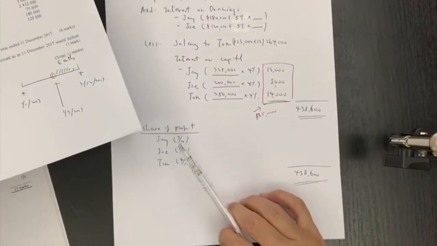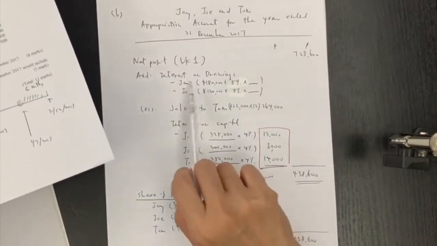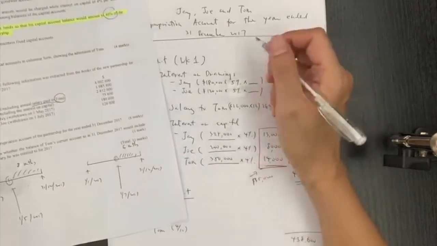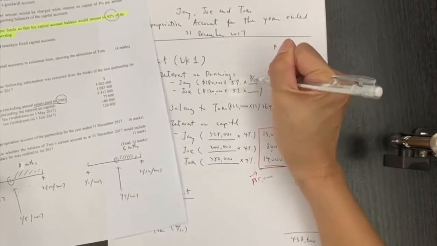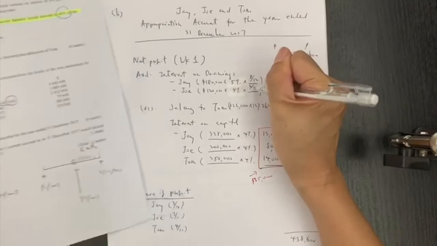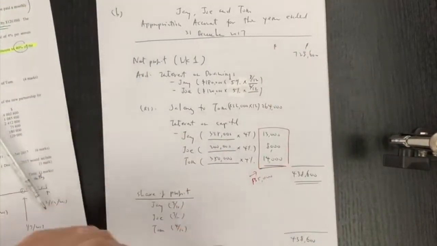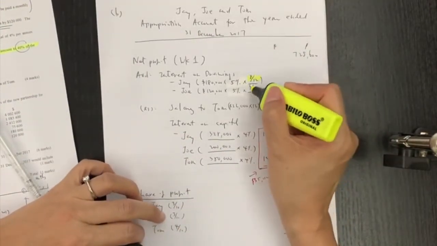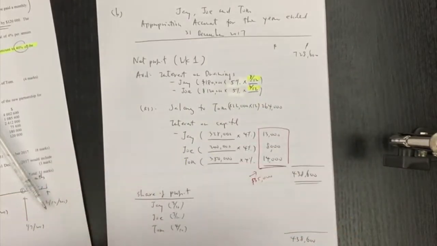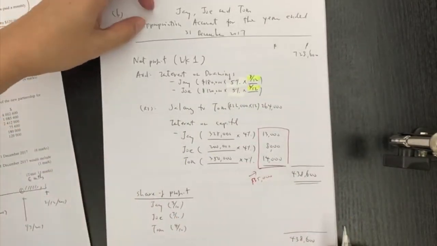Okay, now go back to calculation. Interest on drawings, add to net profit. So the date is 8th, 12th, and then 6th, 12th. Again, to remind you, very important. If you ignore the dates, all your calculation will be wrong.